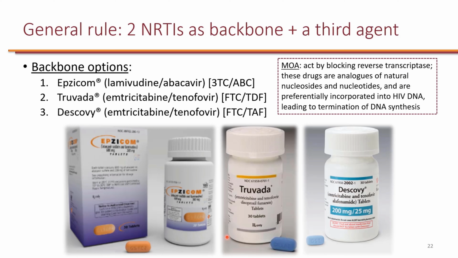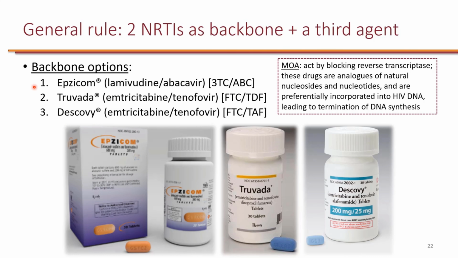Now, generally speaking, the majority of first-line regimens that are recommended follow this rule that you need a backbone plus a third agent. So we use 2 nukes or 2 nucleotide reverse transcriptase inhibitors as a backbone plus a third agent. So it's important to have this combination in order to prevent HIV from developing resistance.